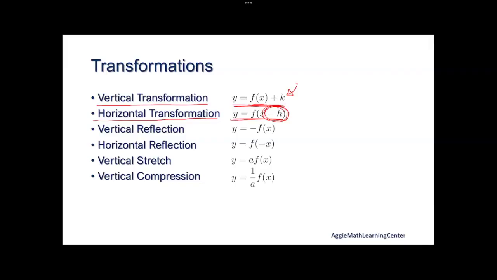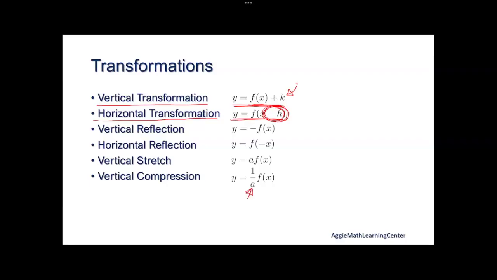If something is affecting the x directly, like x minus h, or if it was a scalar affecting the x directly, it would do the opposite of what you think it's going to do.